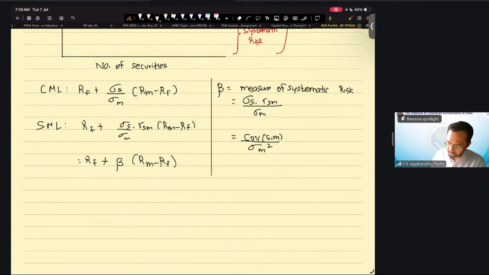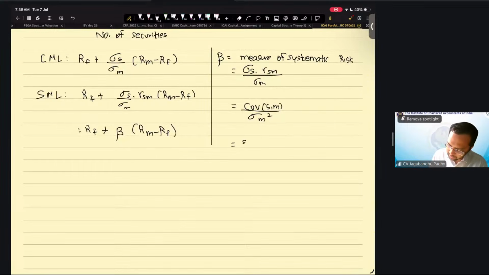Then we can also calculate this as summation of S minus S bar, M minus M bar, upon summation of M minus M bar square. So these are the measures of calculating the beta.